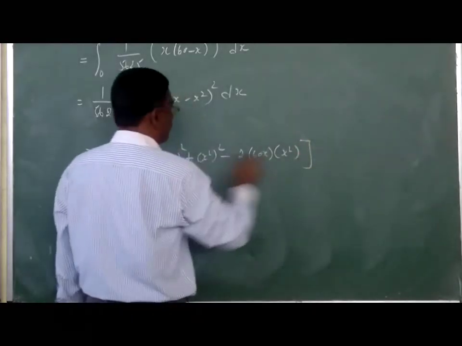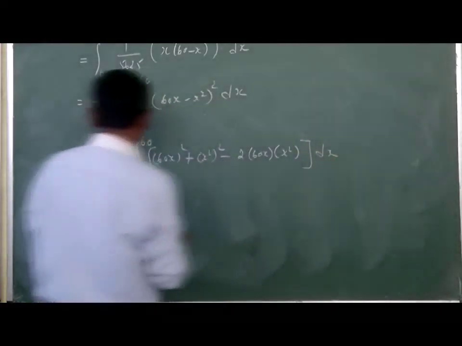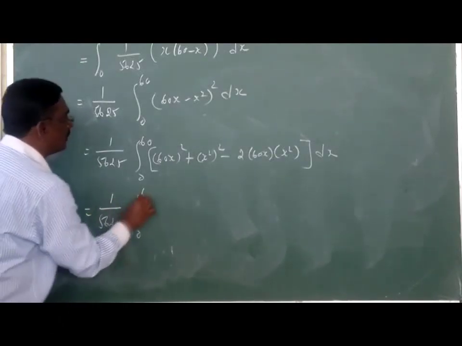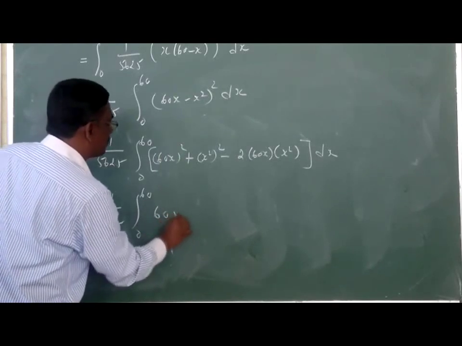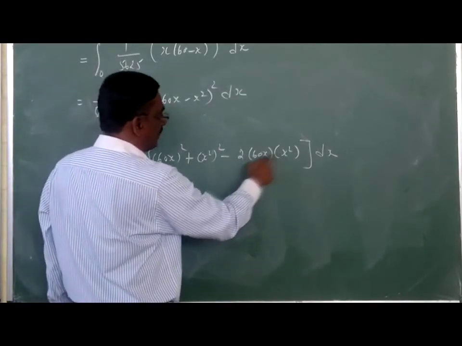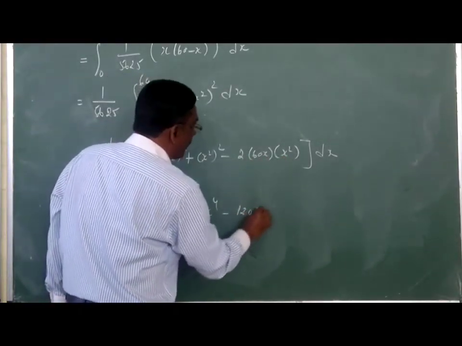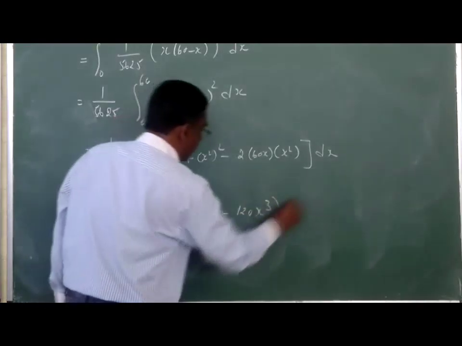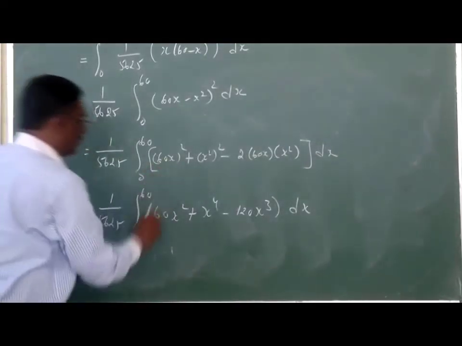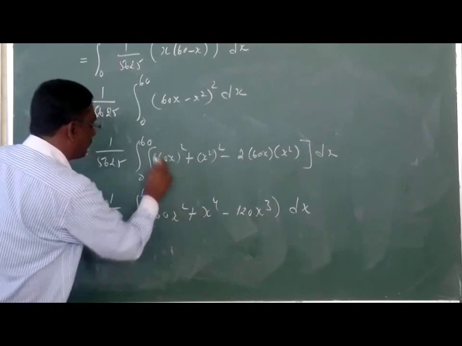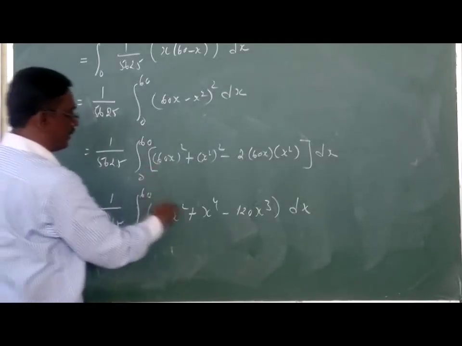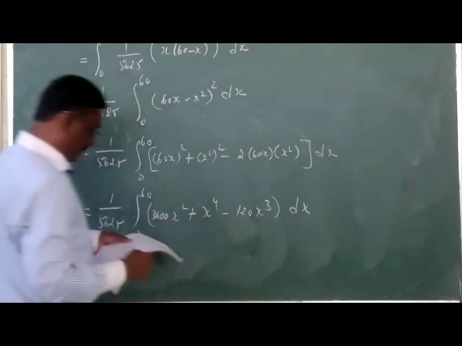So this will be the a minus b whole square formula, and again simplifying this, we'll be getting 1 by 5625, 0 to 60, 3600x square plus x to the power 4 minus 120x cube dx. Again 60 square, this will be 3600, 3600 x square plus x to the power 4 and minus 120x cube.